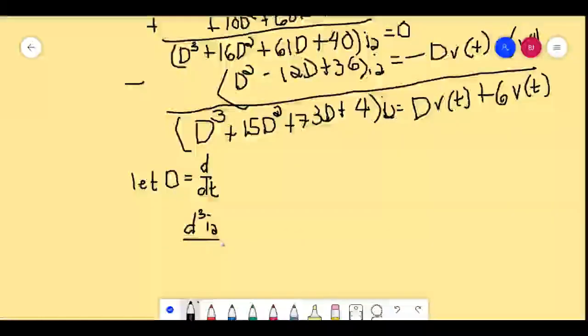So we'll have d cubed I2 divided by dt cubed plus 15d squared, so that would be 15.